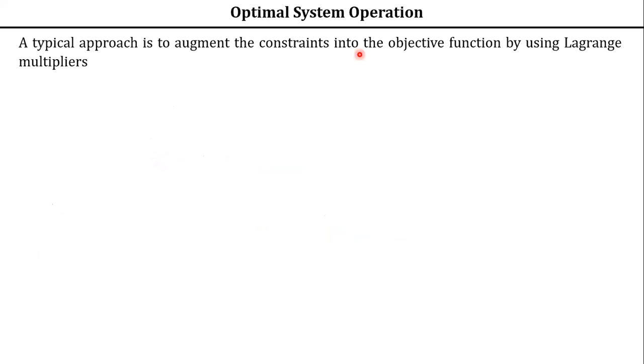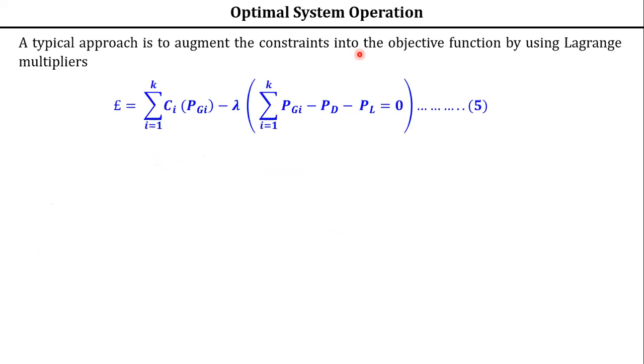Let us see how to augment this. Using Lagrangian, I already told this. So now you see, the Lagrangian is equal to total cost minus lambda of the equality constraint.